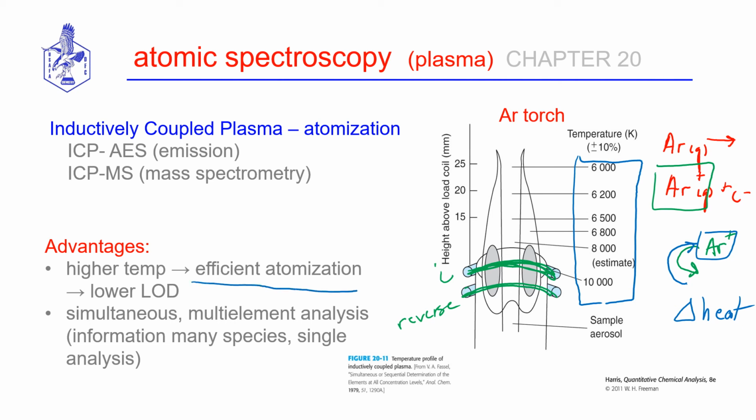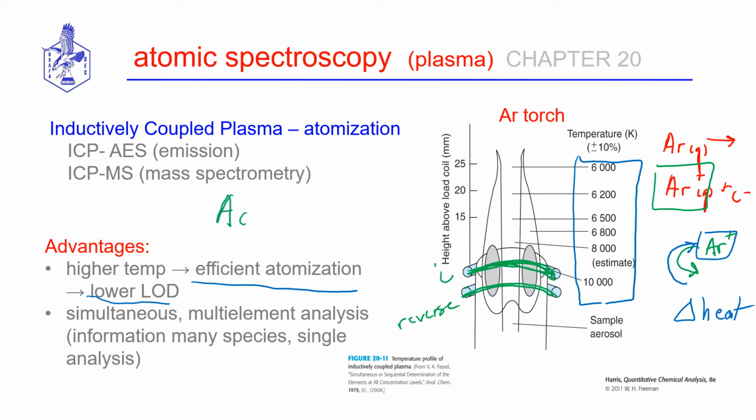And that's going to translate into much lower detection limits. So we can get a very low concentration of our species up into that ground vapor state capable of absorbing or emitting radiation. In this case, these are emission techniques. So we do take our analyte species of interest.